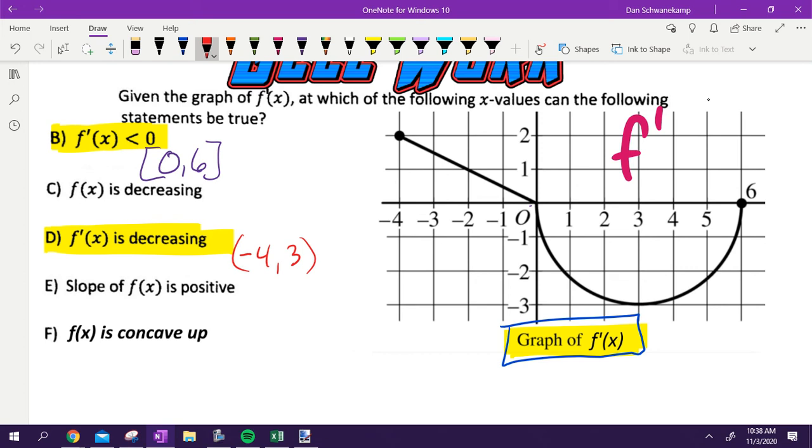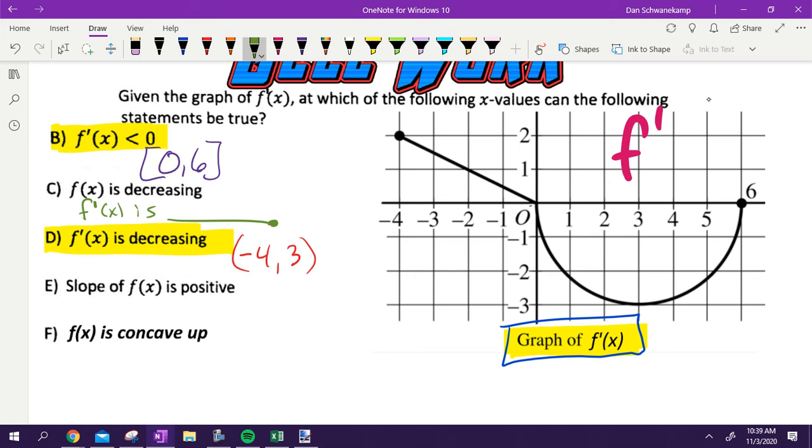When it gets a little bit tougher is the questions when they ask for something that is not given. So for example, this one is saying, when is f decreasing? So I need to interpret that. What does that mean? f is decreasing means f prime of x is blank. If f is decreasing, it means f prime is what? Negative. Because f decreasing means it has negative slope, and f prime is slope.